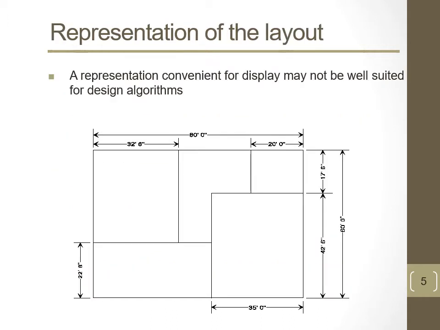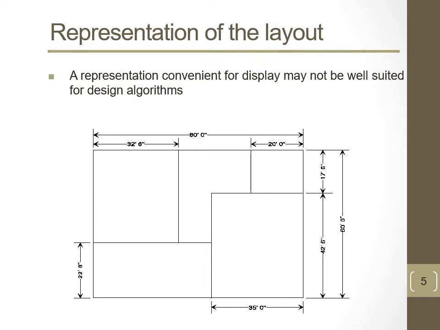Another criterion to classify the algorithms is how we can represent the layouts. Consider this shape. This shape is a good representation for human beings because we can see this block diagram, we can identify the departments, their borders, and their neighborhoods.